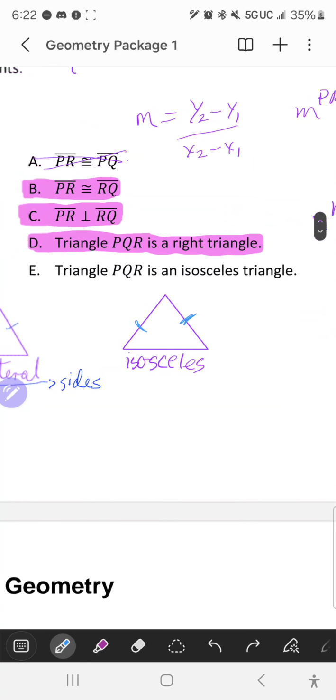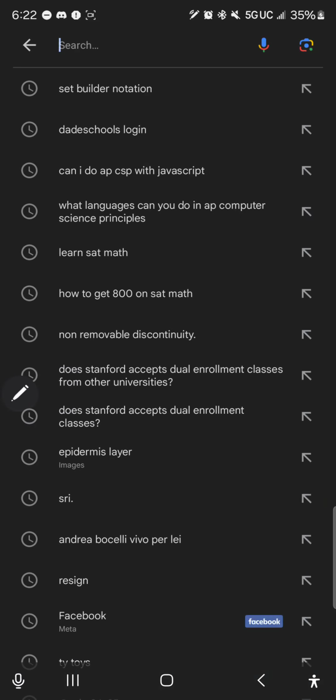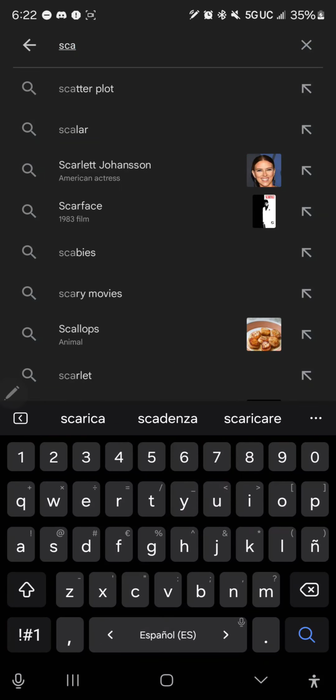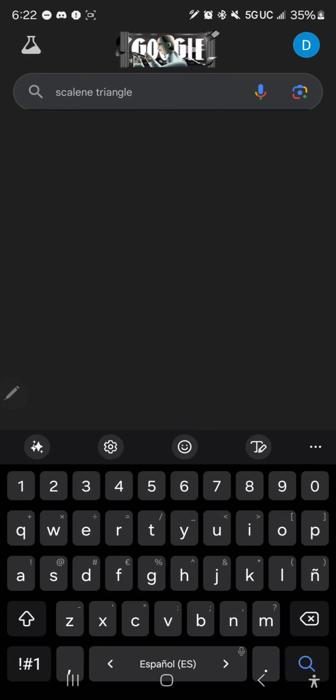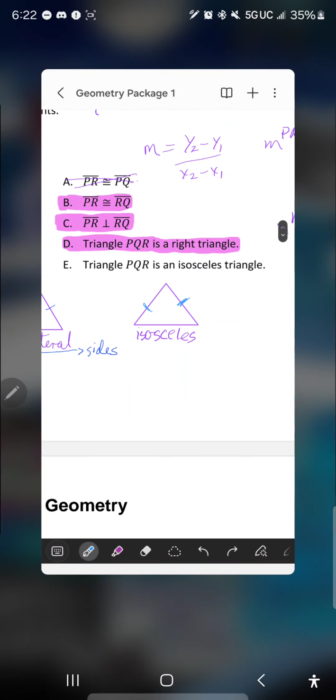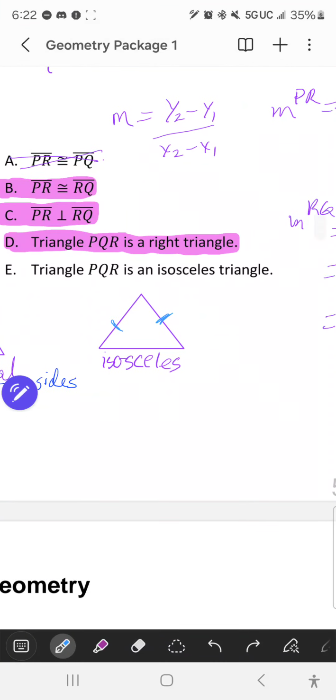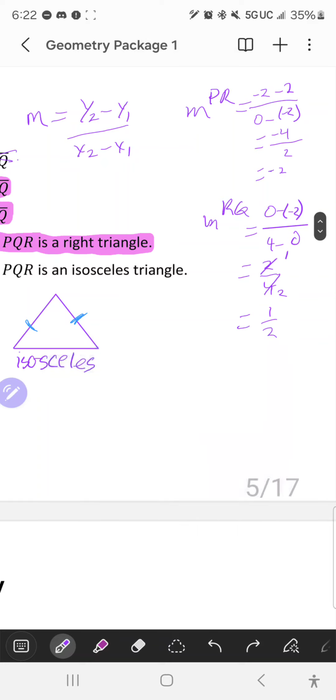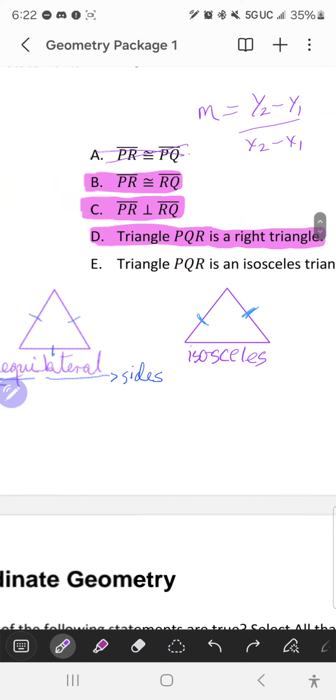The last one is the scalene. I don't know how to write it, so I'm going to search for it. Okay. So the scalene triangle is the one where the sides are not equal.